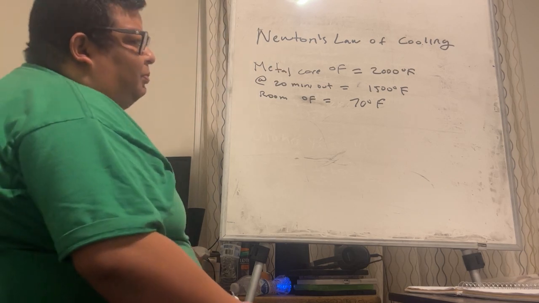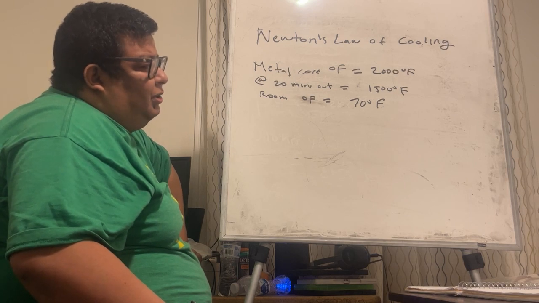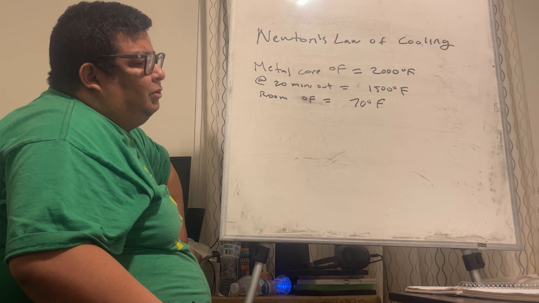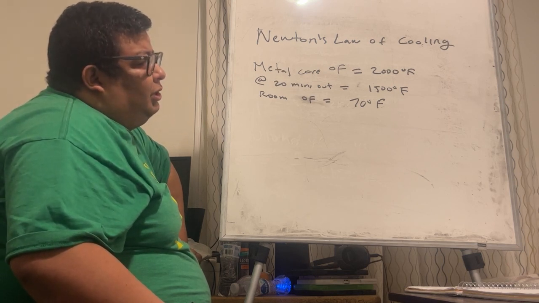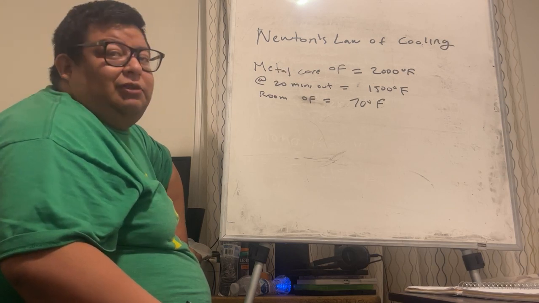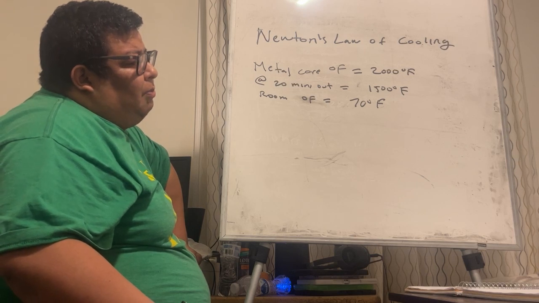These parameters may or may not be what you expect around a furnace or inside a furnace for a metal, but what I wanted to show you is Newton's law of cooling, how to develop a model and come up with the answer.